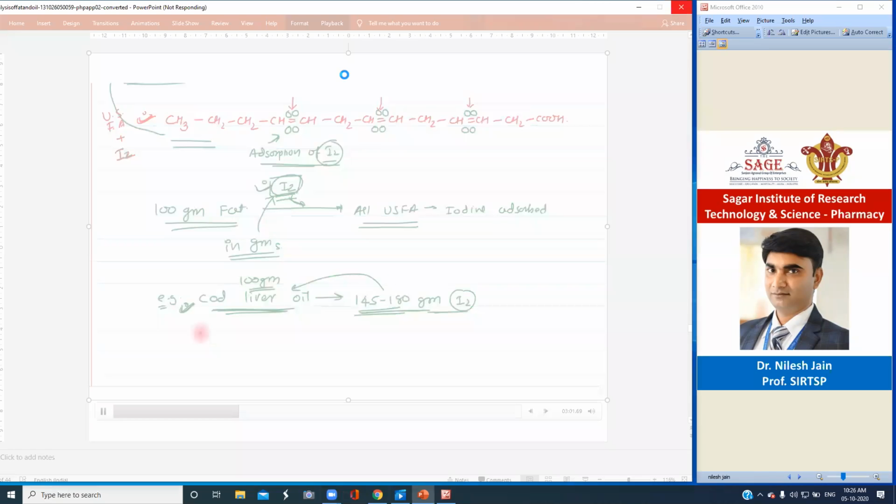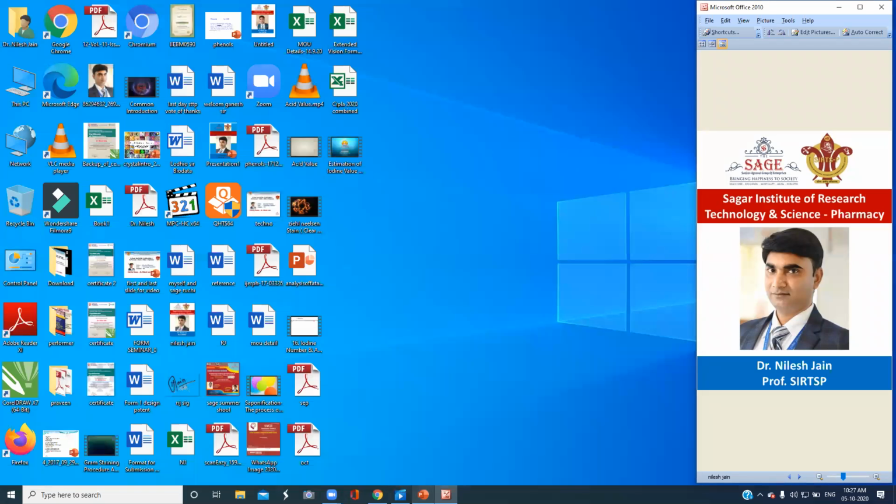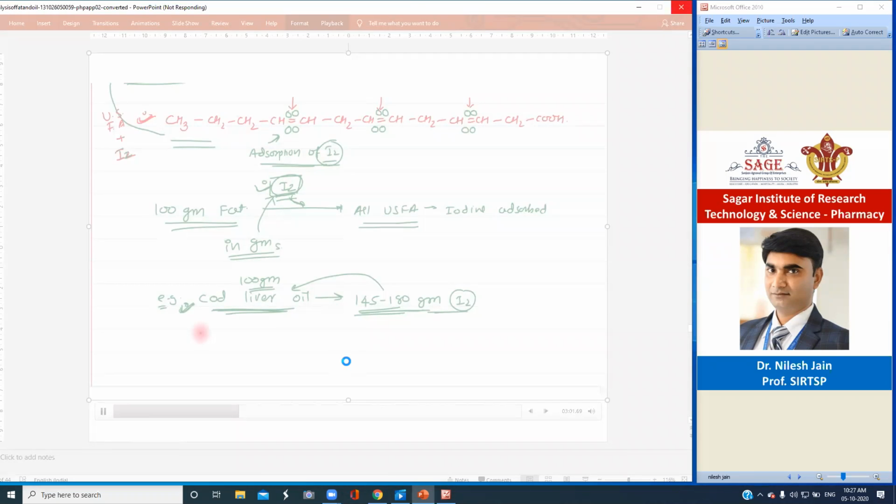This acetylated fatty acid is later hydrolyzed, or you can say broken down. So what will happen? This fatty acid, with its OH group, remains free, and free acetic acid is liberated. Now this acetic acid is acidic in nature, and to know its quantity, we can neutralize it with potassium hydroxide.